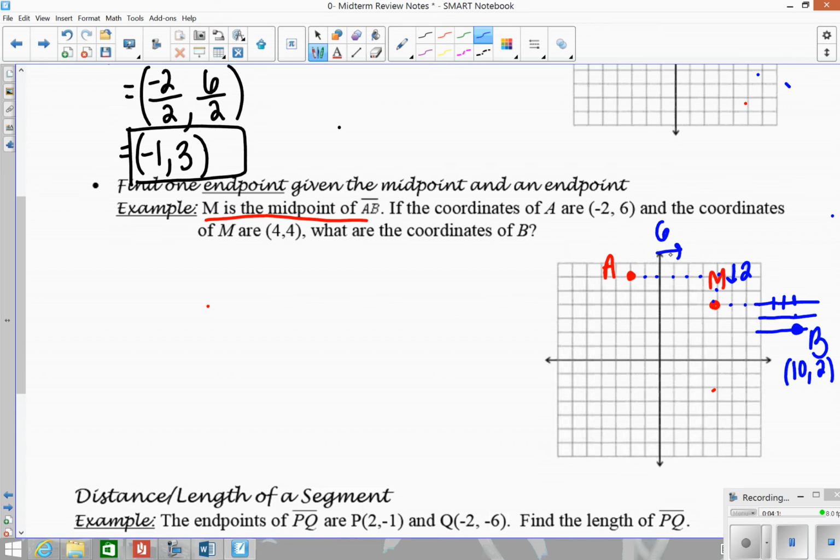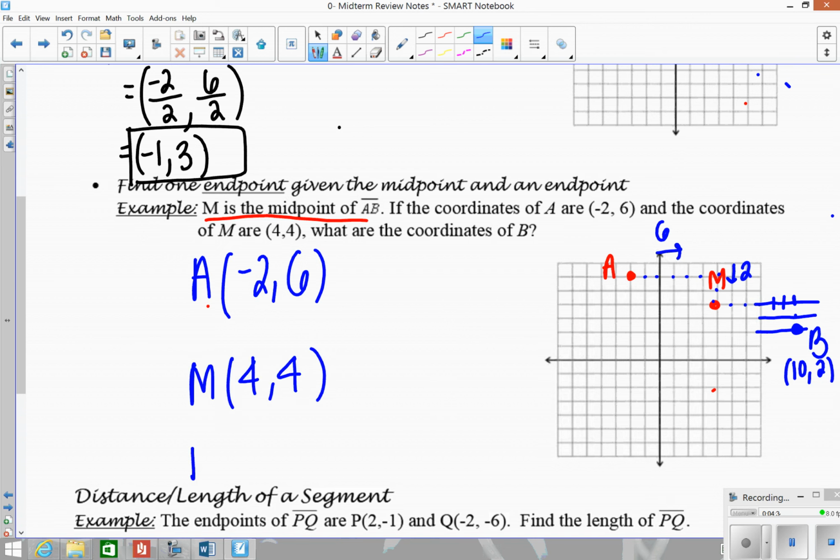Algebraically, you would just basically start out the same way where you're going to figure out how do I go from A to M. So I have A is negative 2 comma 6. M is in between them. And B is going to be down here. So I have to figure out how did I go from A to M and then repeat that to get to B. So how did I go from negative 2 to 4? Well, I had to add 6. I went right 6, which is the same thing as adding 6 to your x value.